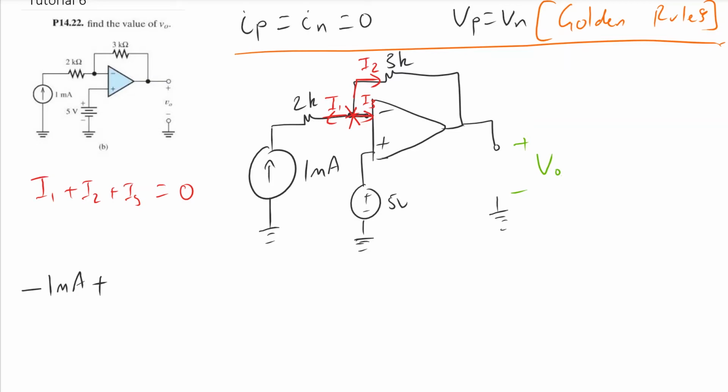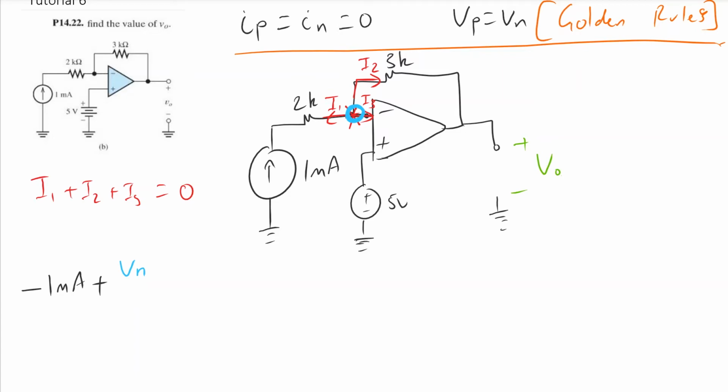Plus, we've got current I2 coming up and to the right. When we're calculating this, what we need to do is look at the voltage potential of the node that we start at. I'm going to call this node VN, N for inverting, or N for a negative terminal.